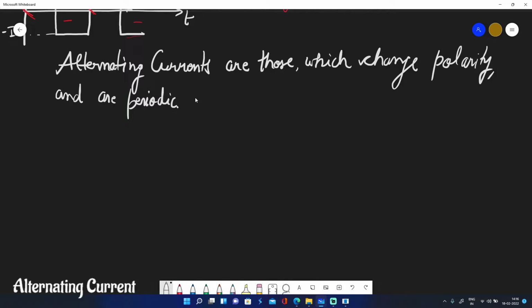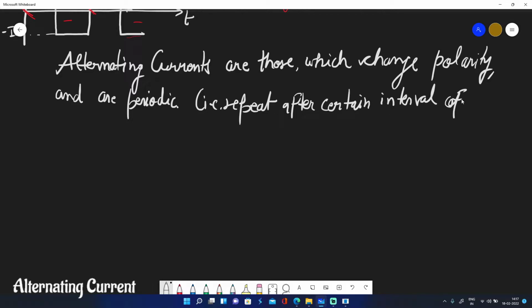That is, they repeat after a certain interval of time, known as the time period.